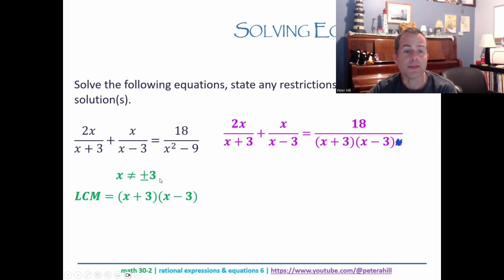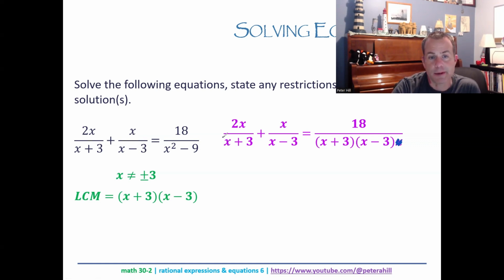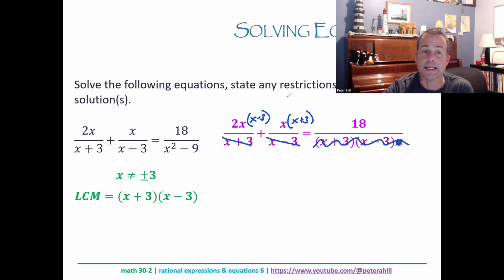Okay. And then if I multiply all of this by x plus 3, x minus 3, well, what's going to happen? This guy, my x plus 3s will divide out, and I'd be left with 2x times x minus 3. This guy, my x minus 3s would cancel out, and I'd be left with x times x plus 3. And then this guy, both of them would cancel out, and I'd just be left with my 18.